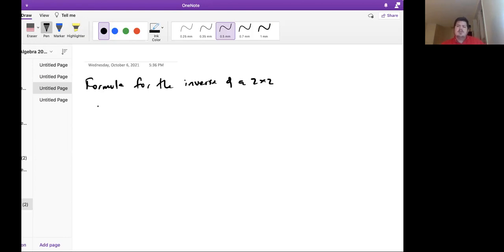Identity plays a role in the inverse. Just with numbers, the inverse of a number is the number you multiply to get, oh, sorry, not the 0 matrix, but the 1 matrix. The matrix that you add to get the 0 matrix would be the additive inverse. So for multiplicative inverse, it's the matrix that you multiply to get the identity matrix, which is our 1.